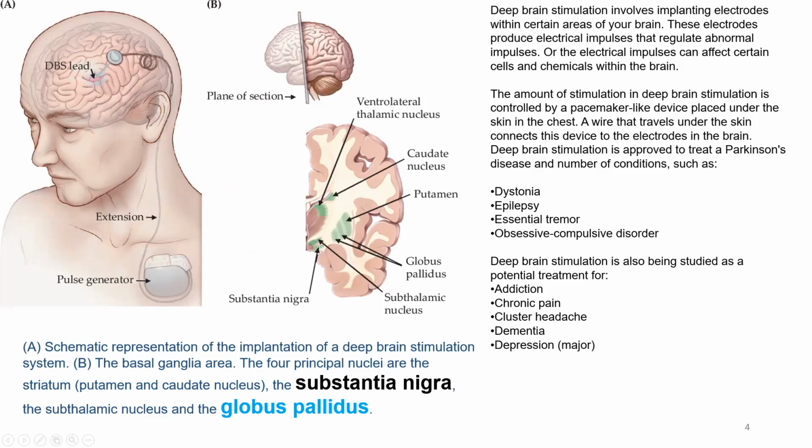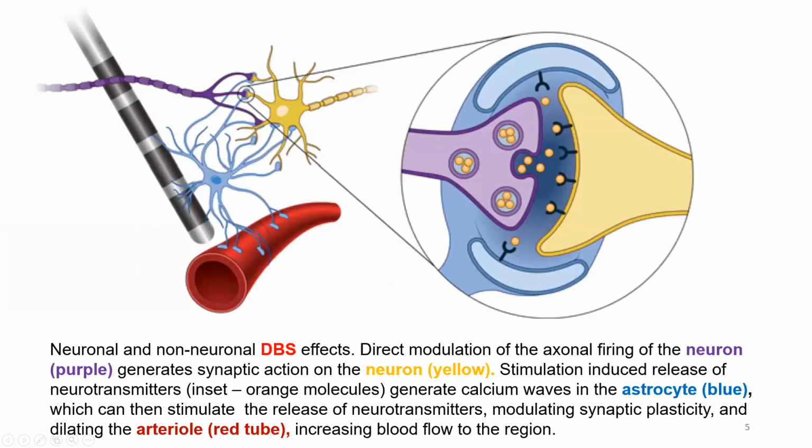So it's not completely clear how it works, but we know that electrical stimulation stimulates dopamine release from the neurons and stimulates activity of astrocytes. First of all, it stimulates calcium waves in astrocytes, in astrocytic syncytium. It also has an effect on the blood-brain barrier.